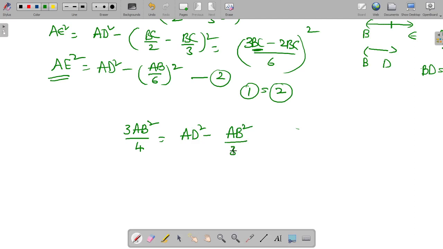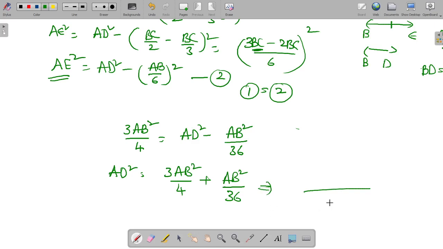So AD square is equal to 3AB square by 4 plus AB square by 36. Take LCM as 36. 4 in 36, 9 times; 9 threes are 27 AB square plus 36 in 36, 1 time, AB square. So 28 AB square by 36. Dividing by 4, here 7 times, here 9 times.